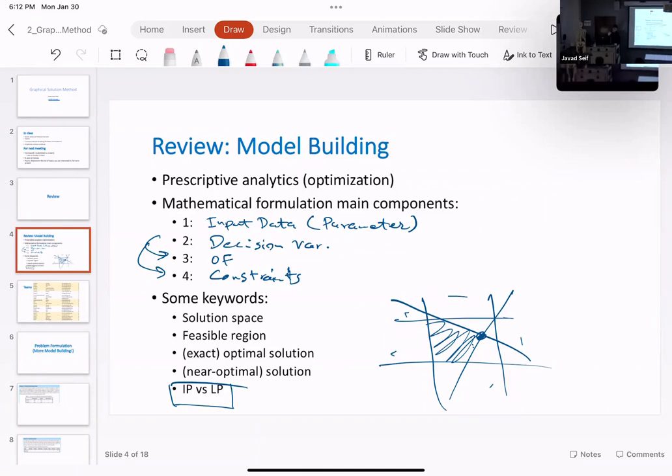If that's also a constraint, we call that integer programming, or IP, which is another thing we will focus on. But that one change in the decision variable makes it a totally different subject because everything we use in linear programming will not be usable anymore for integer programming.